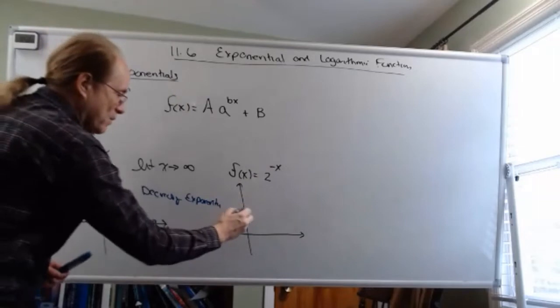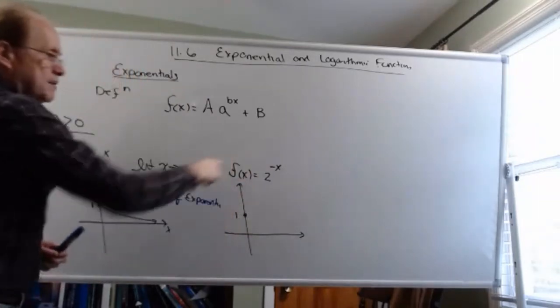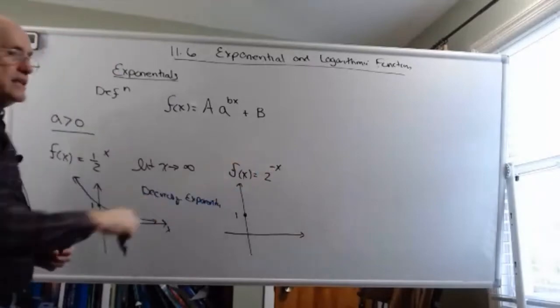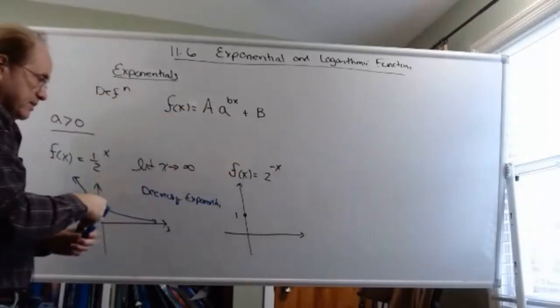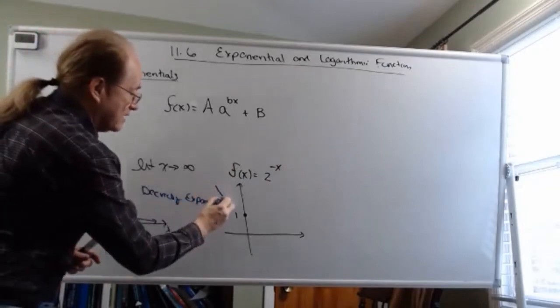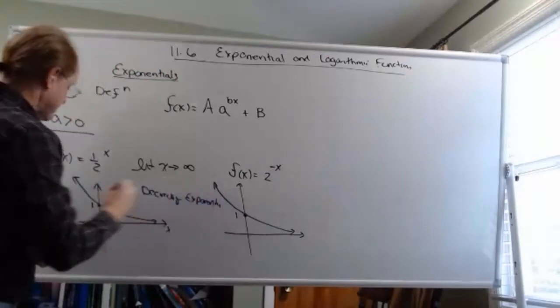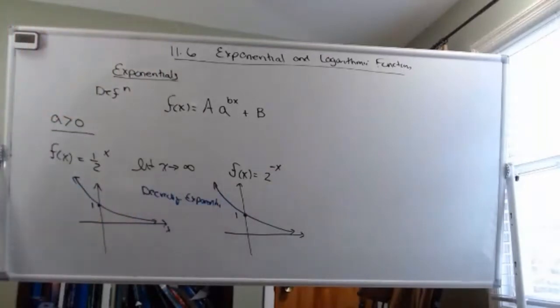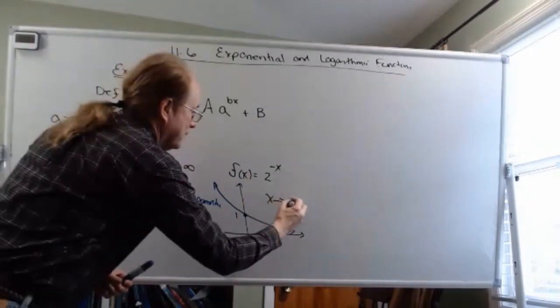When x is 0, I still go through 1. But now as x goes negative, it actually decreases. So this is also a decreasing exponential. Now you might have noticed an interesting little property as x goes to infinity.